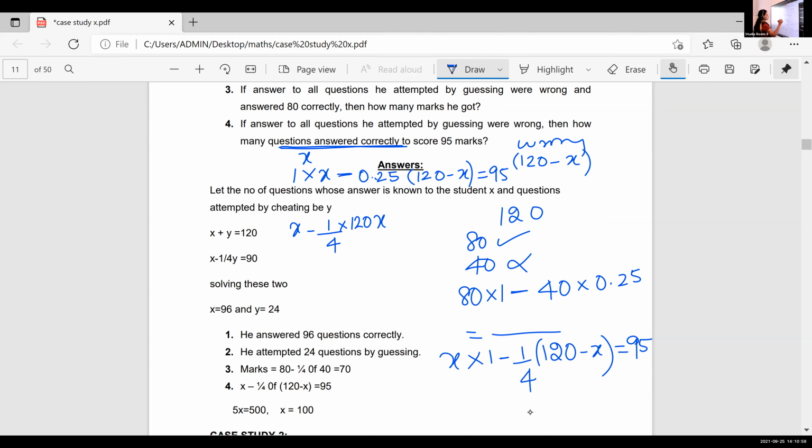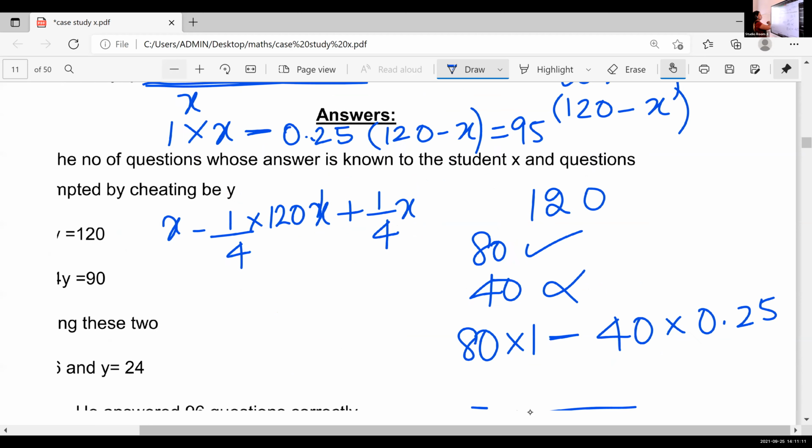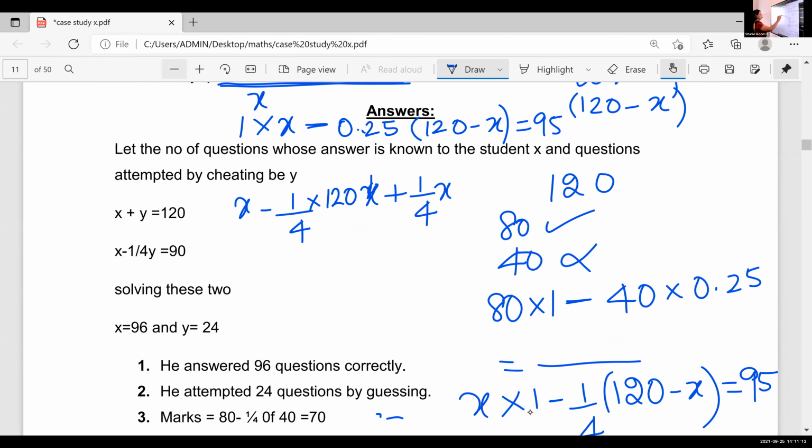Minus of minus becomes plus 1 by 4 into x. Minus of minus, when you open the bracket, is equivalent to 95. Now take the LCM, simplify, and solve to find the value of x.